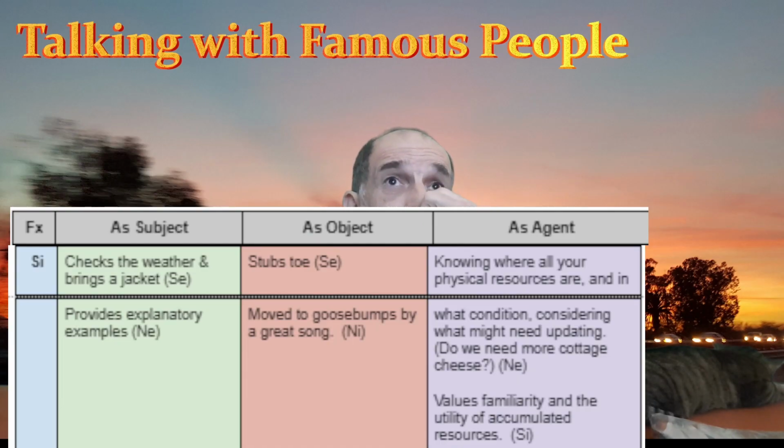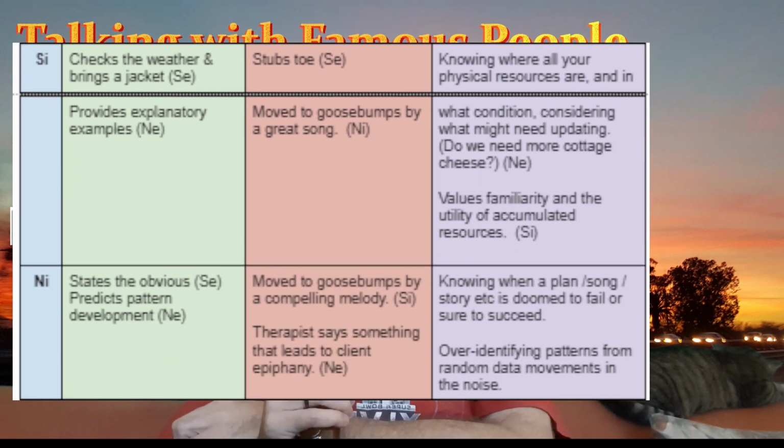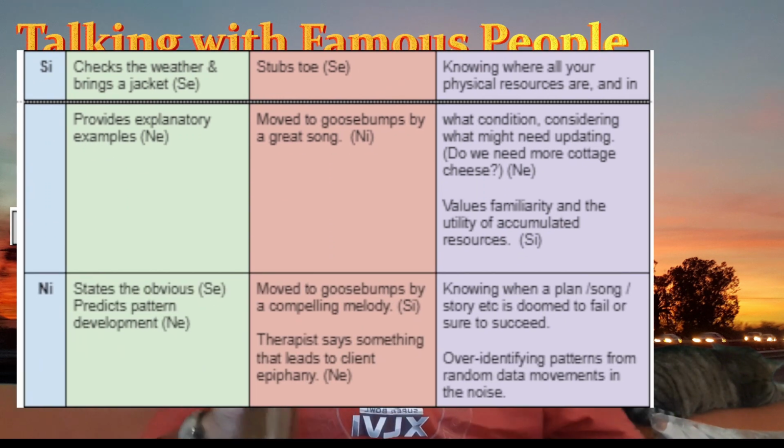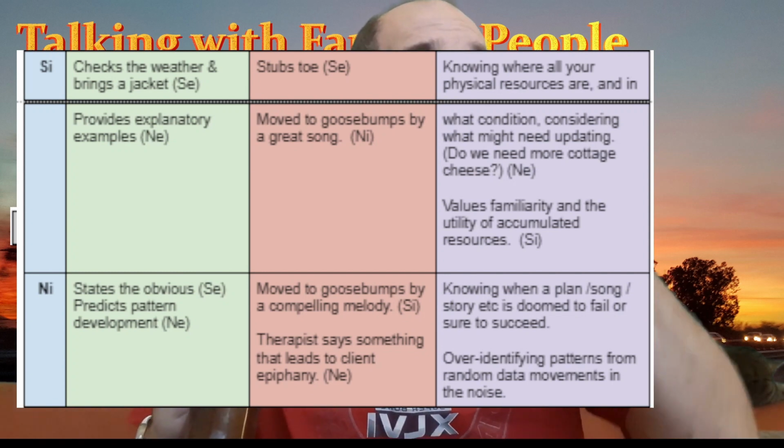Introverted Intuition. NI. NI, as a subject, states the obvious, SE, predicts pattern development, NE. And the reason for this is you've got to see how evolving possibilities generalize out well to do this sort of thing.